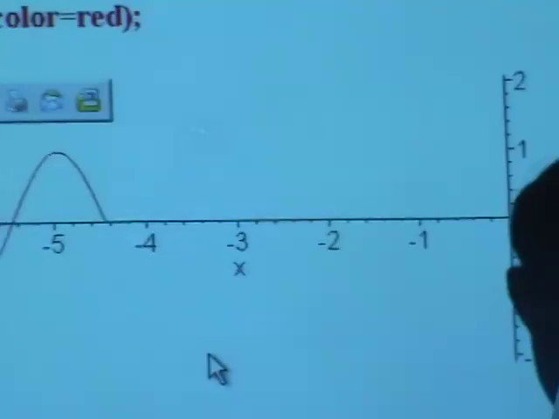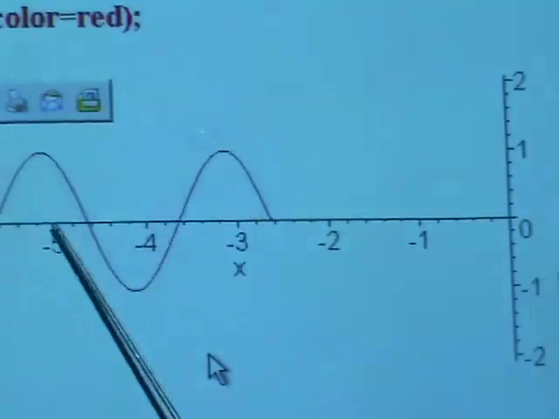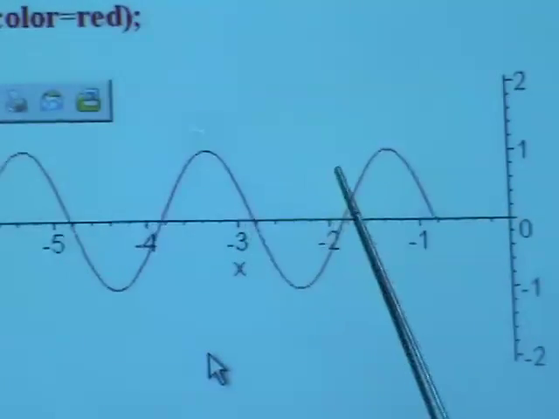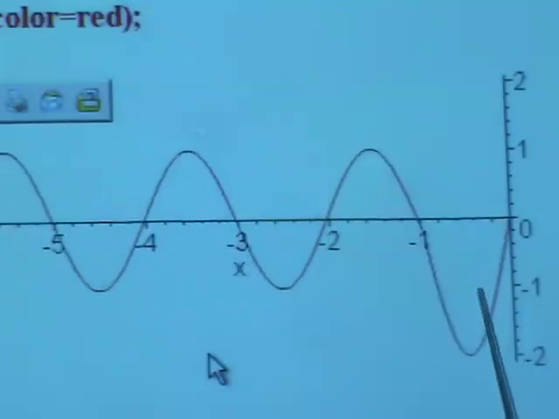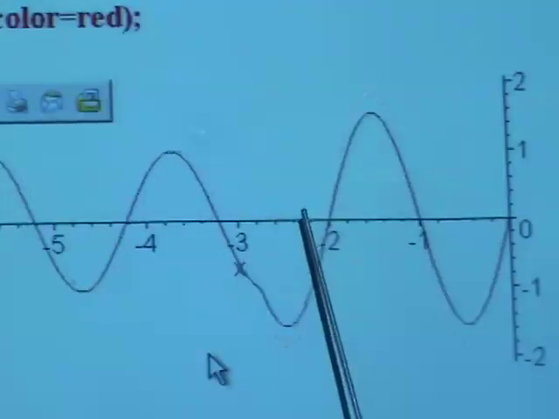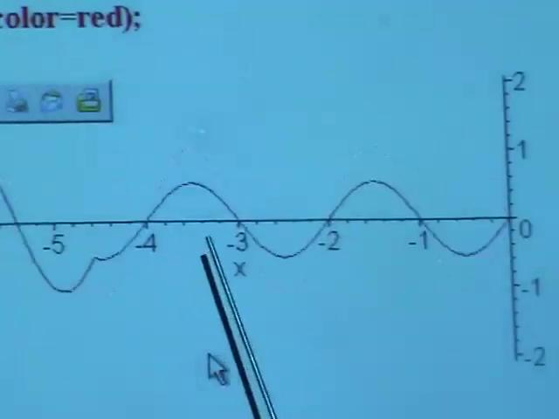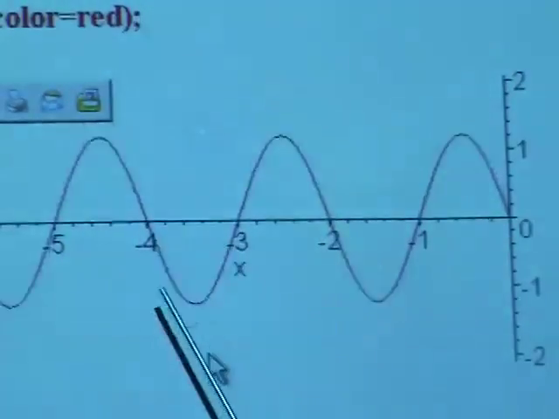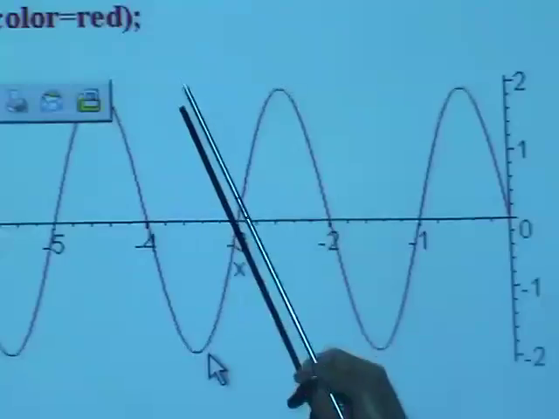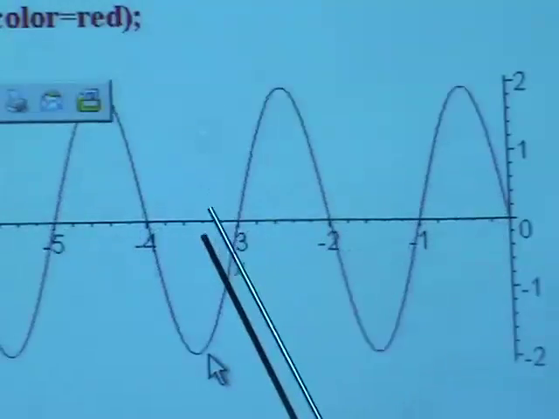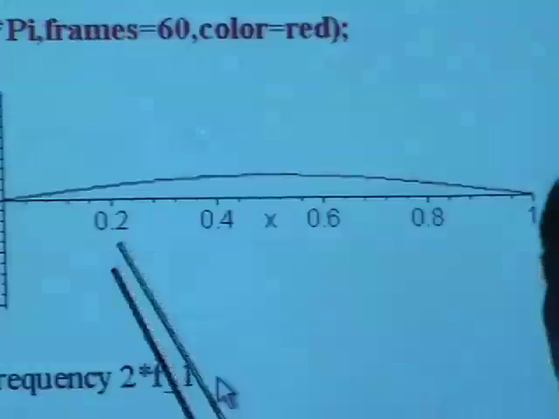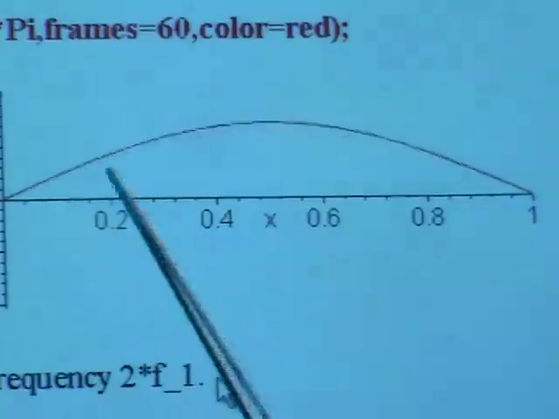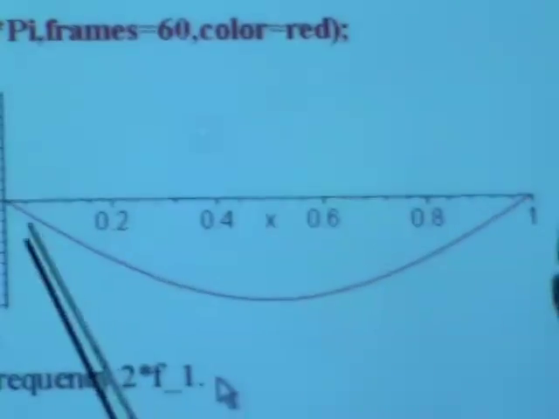Alright? Now watch this computer animation of a stationary wave. Advancing wave gets reflected. The advancing wave and the reflected wave now interfere, producing the stationary wave. Now this is how stationary waves are formed. This is the case of 1 segment vibration.